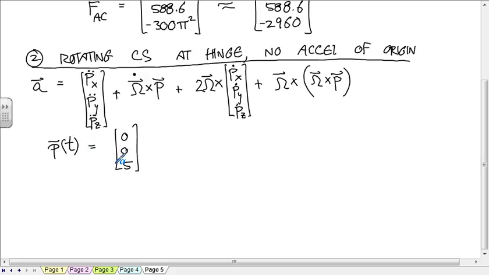And what that means is that you take the derivatives of the components and you get 0.